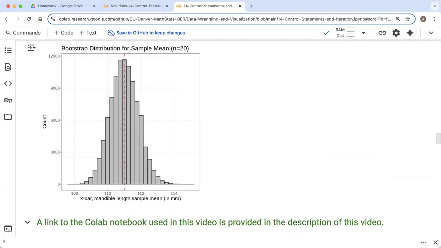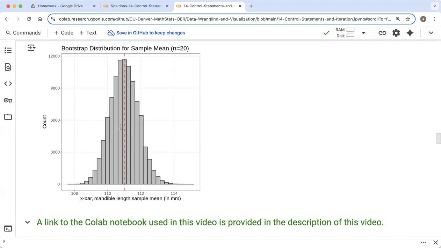We've collected one sample. From that one sample, we were able to generate this bootstrap distribution. And from this bootstrap distribution, we now get a sense about how much variability there is in the sample mean from sample to sample, in this case, bootstrap resample to bootstrap resample.